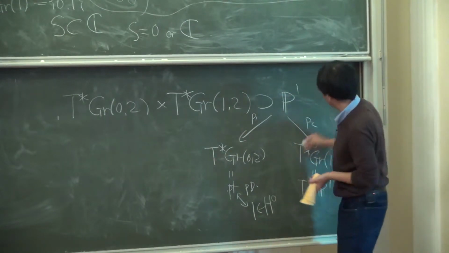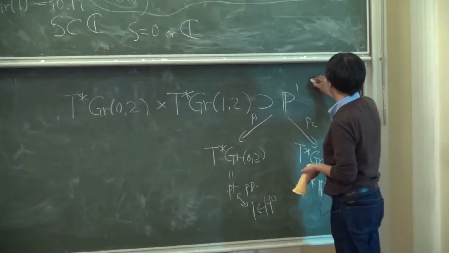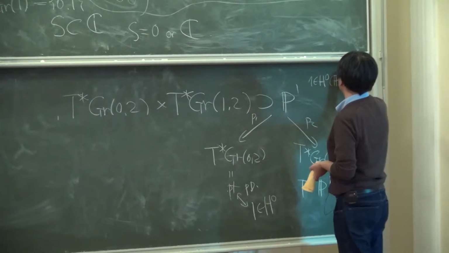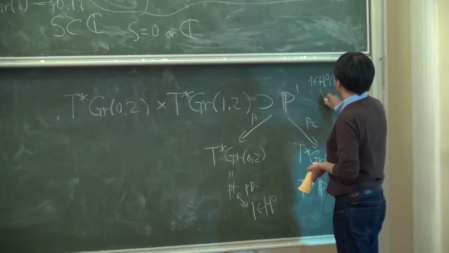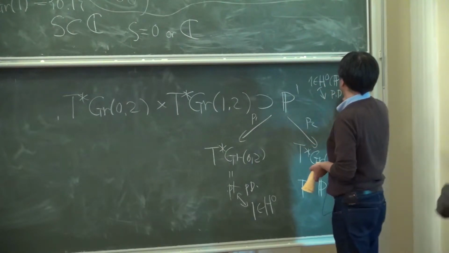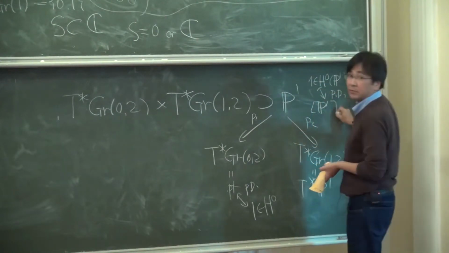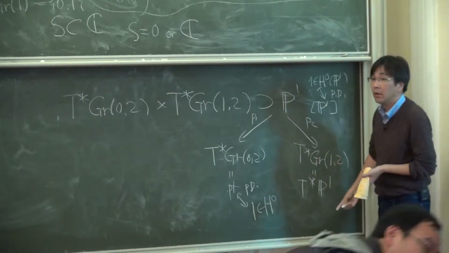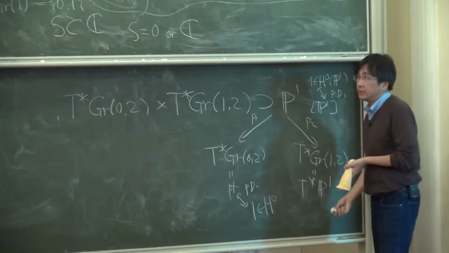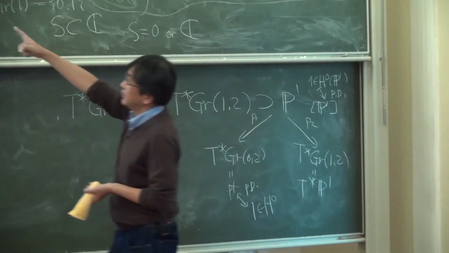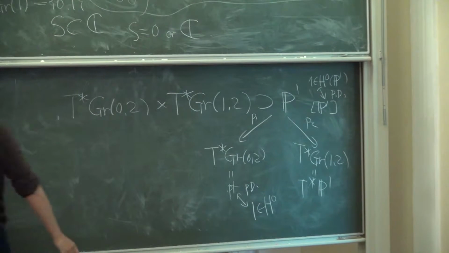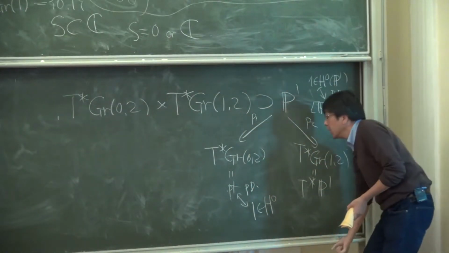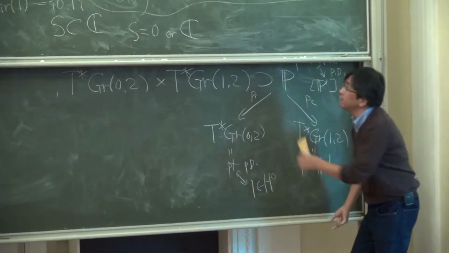The Poincare dual of 1 is 1 in H0. The Poincare dual is the fundamental class of P1. Then you push forward, so you get the class in here. So the final answer is P1. So this is the operator F.